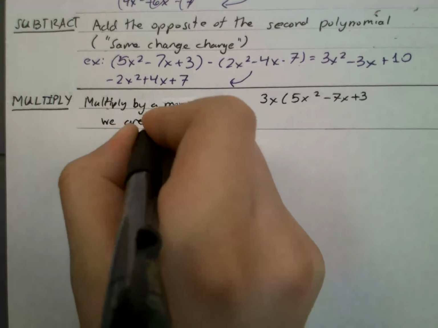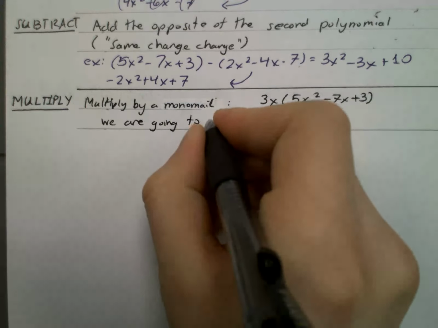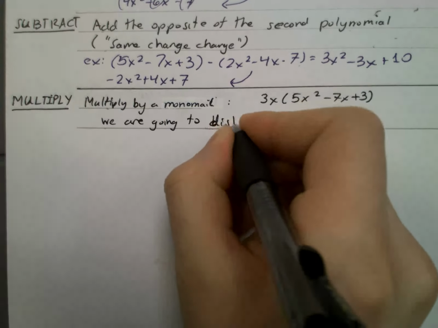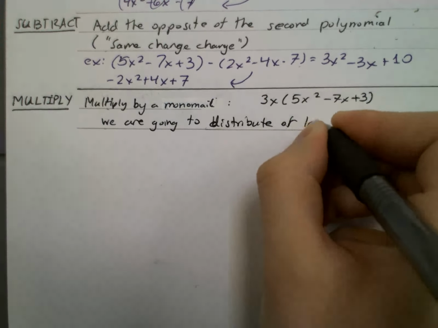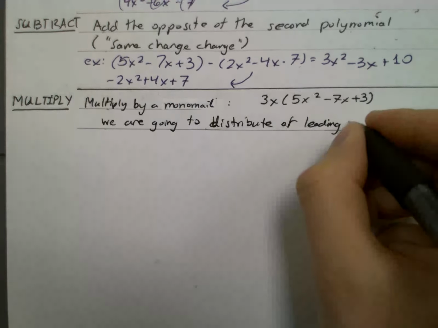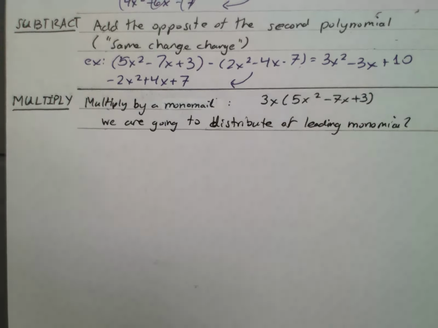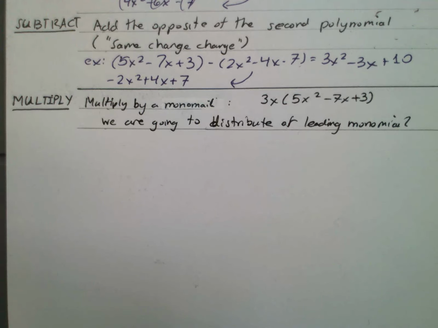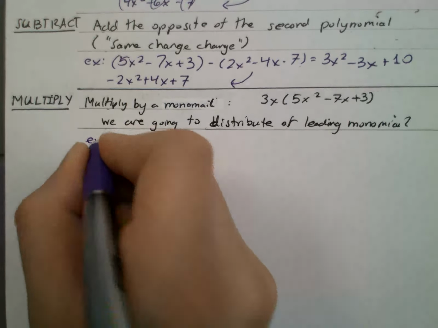Do we close the parentheses after 3? Yes. To distribute our leading monomial. Right? Again, we talked about this when we did GCF with polynomials. So again, this is more or less just to have a nice solid setup of this.